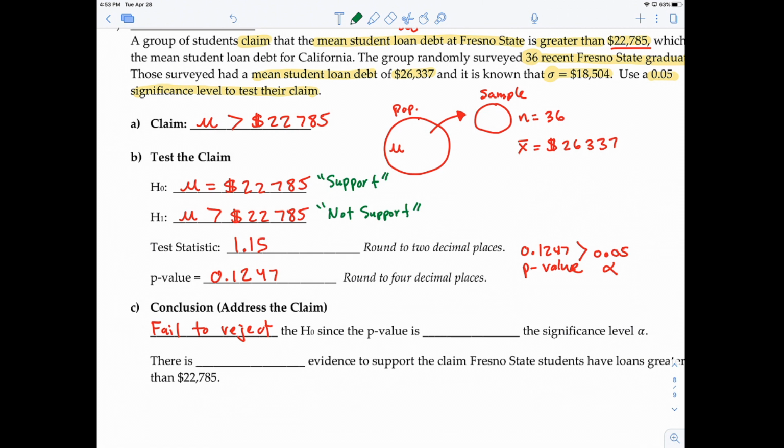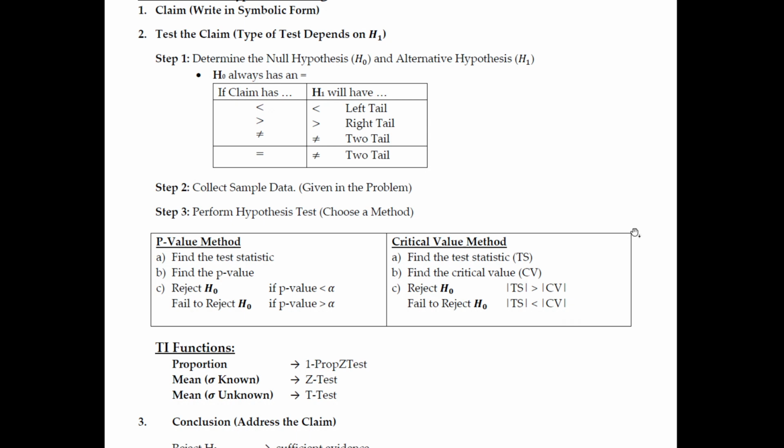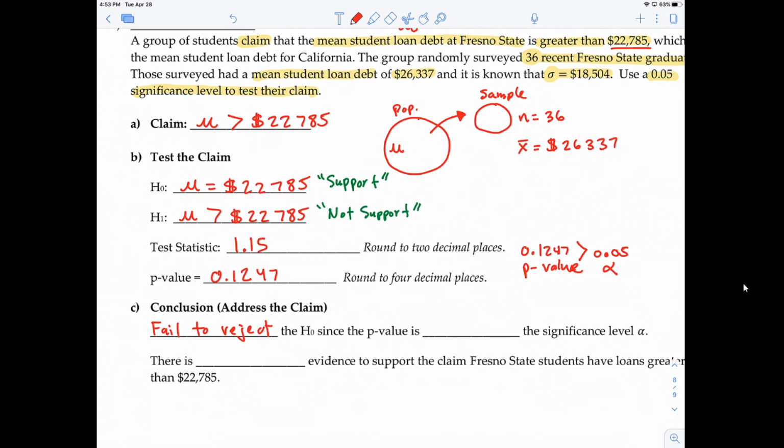If you didn't understand that, just refer to this chart right here. When the p-value is less than alpha, we reject the null. When the p-value is greater than alpha, we fail to reject the null. Following that, you should be fine in getting the answer.